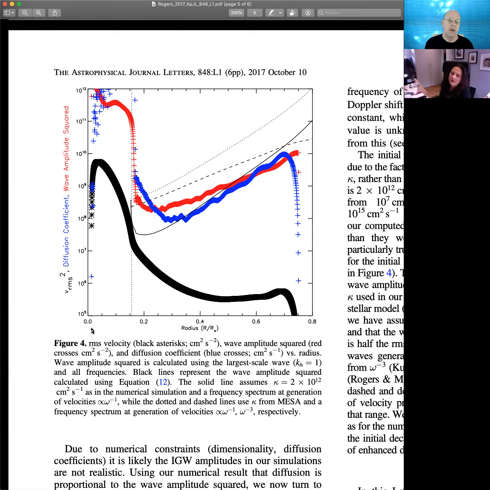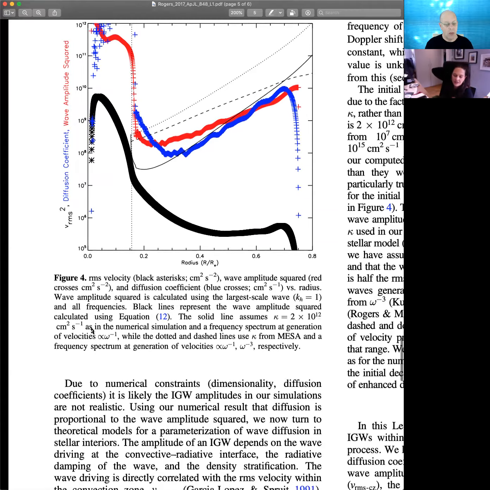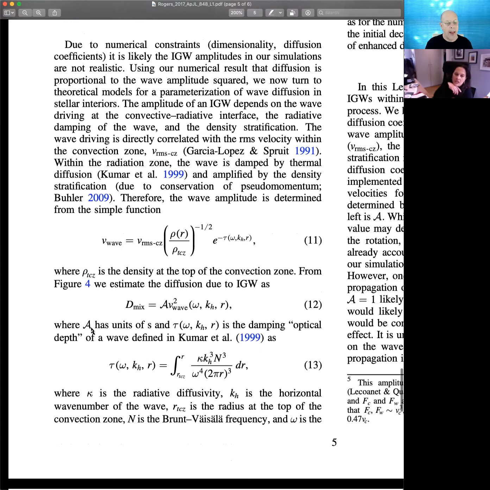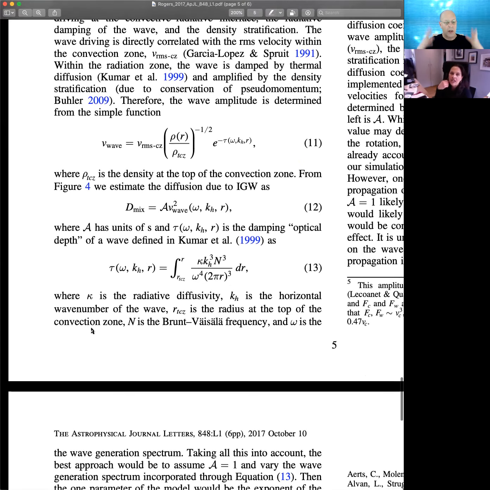If you go down to the equations below, the wave amplitude goes something like the amplitude at which the wave is generated, which we're going to say is the convection zone velocity, times density to the -1/2, that's a pseudo-momentum conservation amplification of the wave.